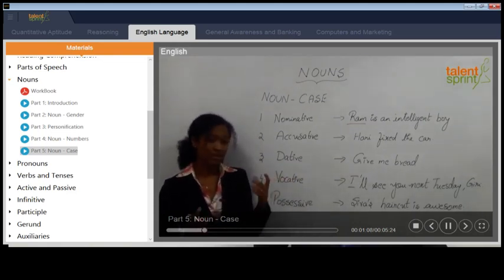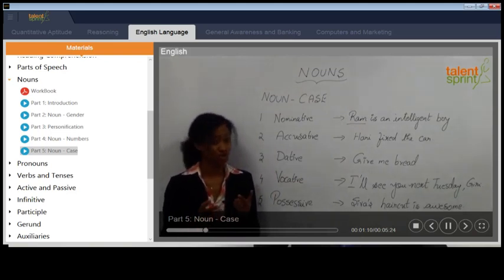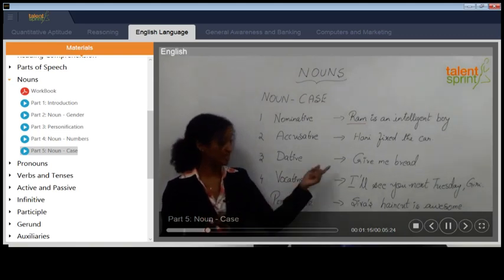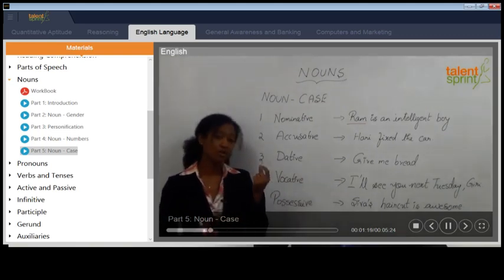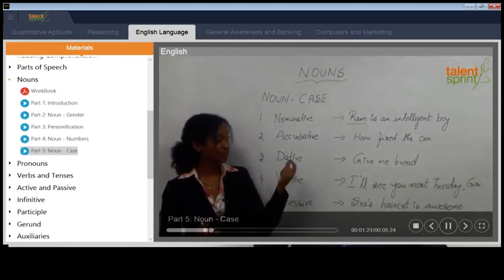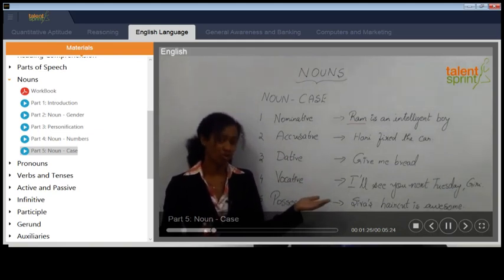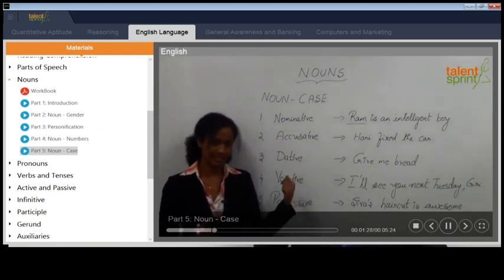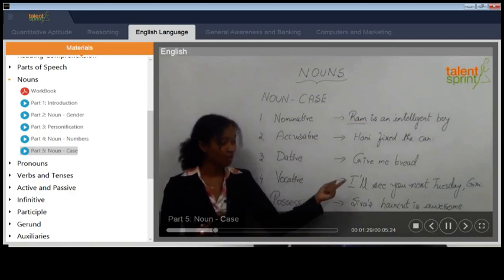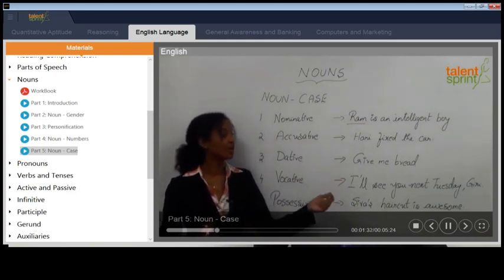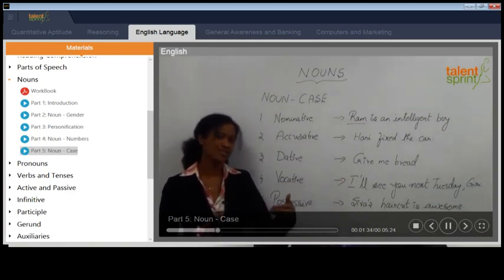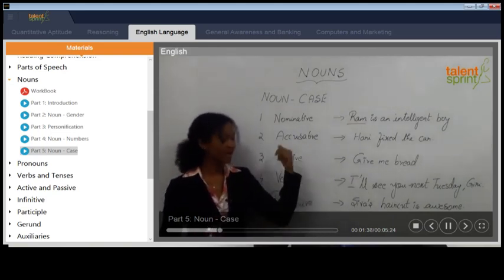The third one, dative case. Now, a transitive verb has two objects, a direct object and an indirect object. In this example, give me bread, the noun that is immediately following the verb is our indirect object, which is the dative case. And the object that comes after it, the second object, is our direct object, which is the accusative case.